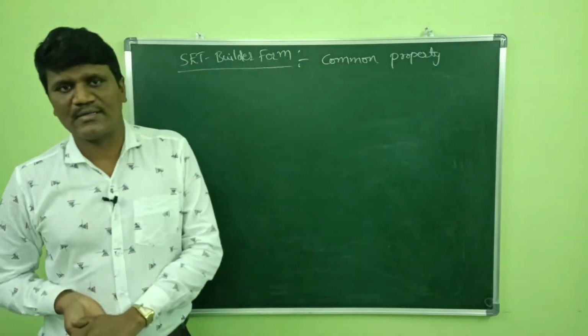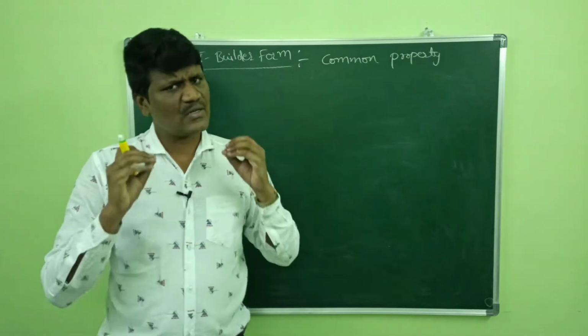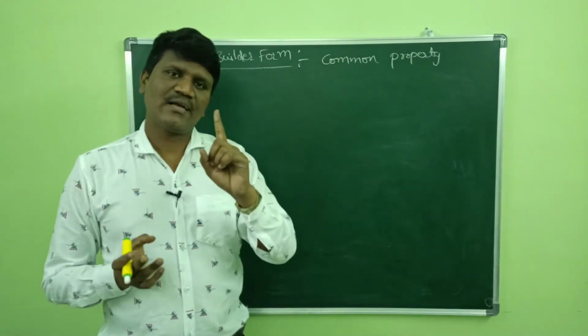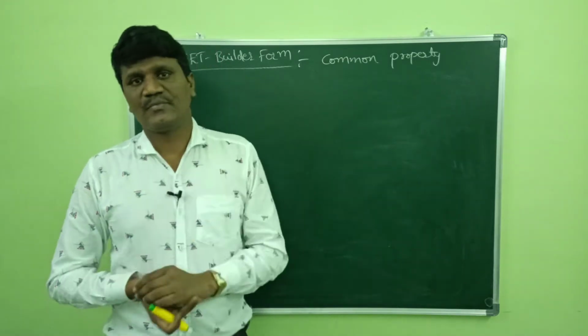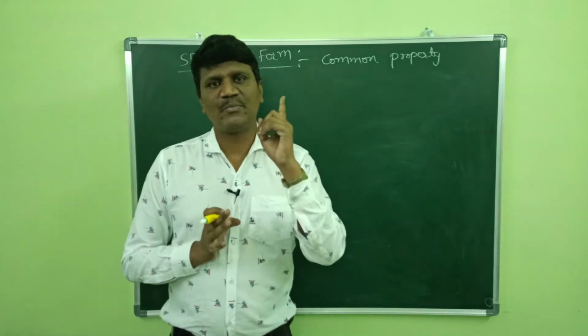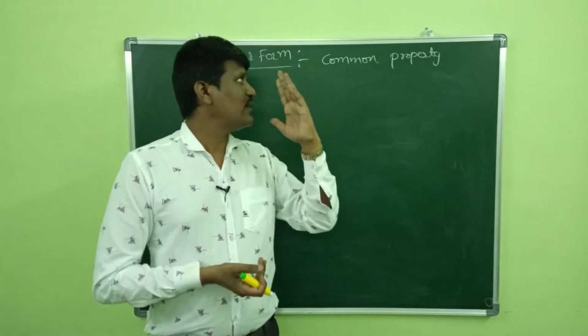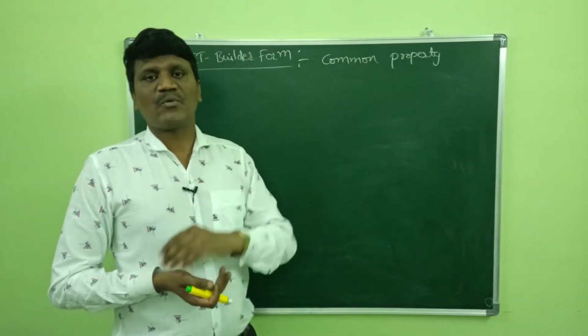What is the common property in the set? If there is no common property, we cannot write the set in set builder form. So for writing a set builder form, definitely you need a common property.